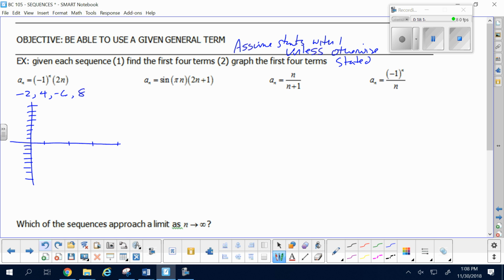When you graph sequences, the number of the term is the independent variable, and the term that's spit out at that point is the dependent variable. You don't start at the origin. The first term, term 1, is negative 2, and you put a dot, and you do not connect as you go. The second term is positive 4. The third term is negative 6. The fourth term is positive 8.